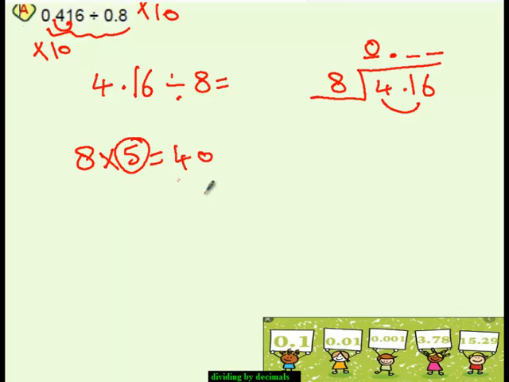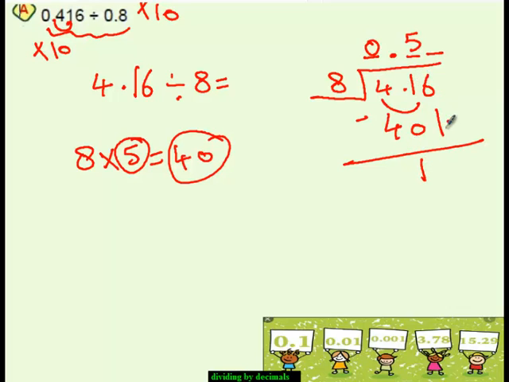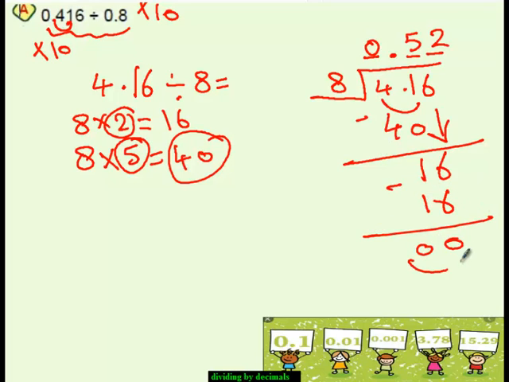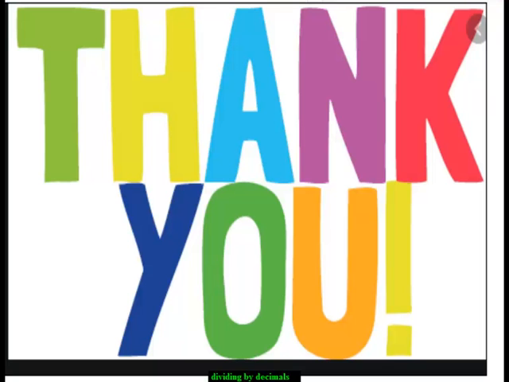So I'm gonna take 5 up and 40 down. 41 minus 40 will be 1. And then I'm gonna drop down the 6, it will be 16. 8 by 2 will be 16. So I'm gonna take 2 up and 16 down, and minus, 0, 0, happy face. I've finished.